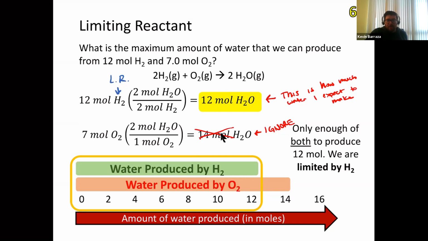It is always the smaller of our 2 possible answers, or that is how we identify it. The other reactant is called the excess reactant. It means we had extra of it. We had plenty of it.